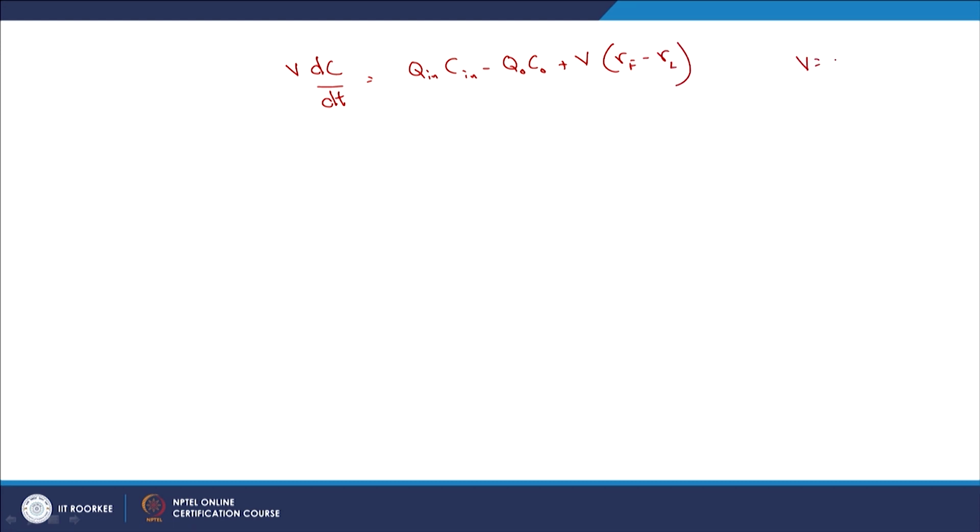So V is the volume of the system or the reactor, and C is the concentration of the compound inside the reactor. Let us say I will write this as volume of reactor. So, concentration of compound inside the reactor.